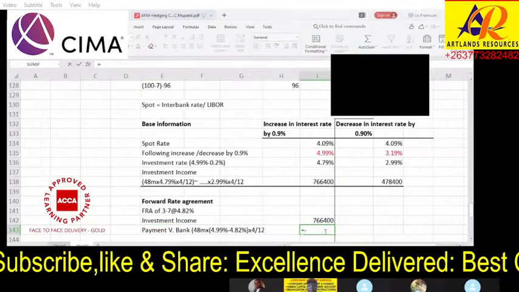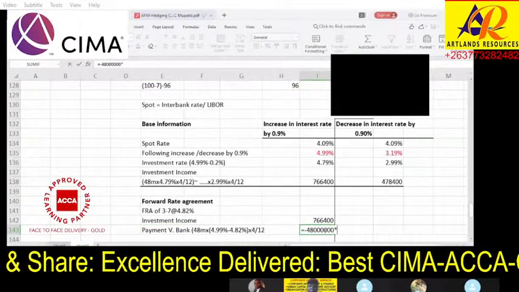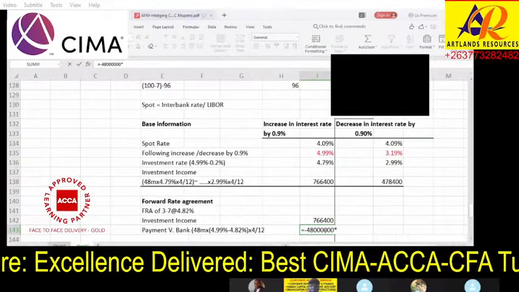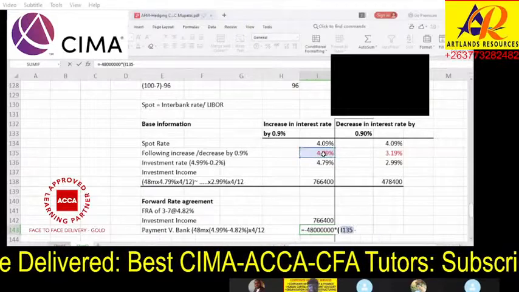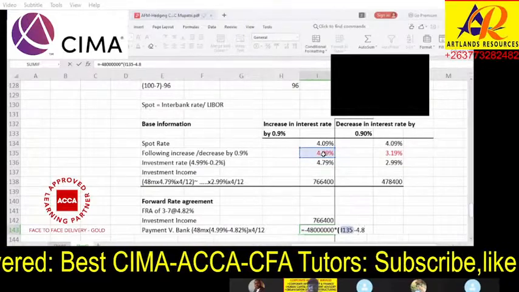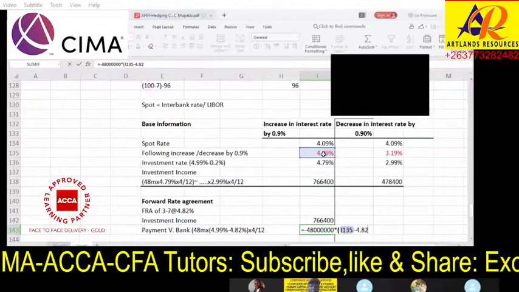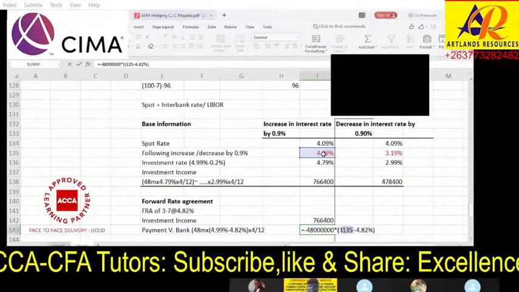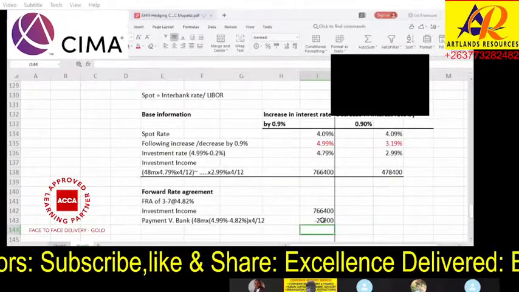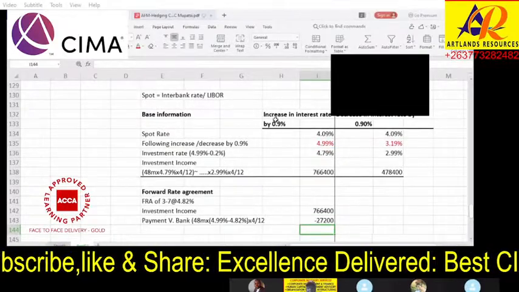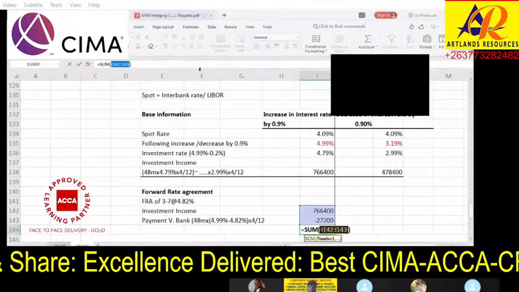You are paying to the bank equals minus 48 million times open bracket 4.99 minus 4.82%, close bracket, times 4/12, because it's for 4 months. 27,200 is the payment that you then make to the bank.